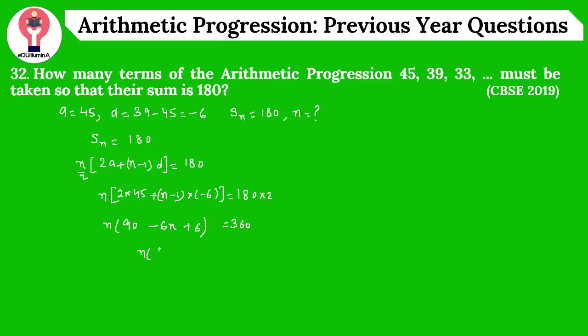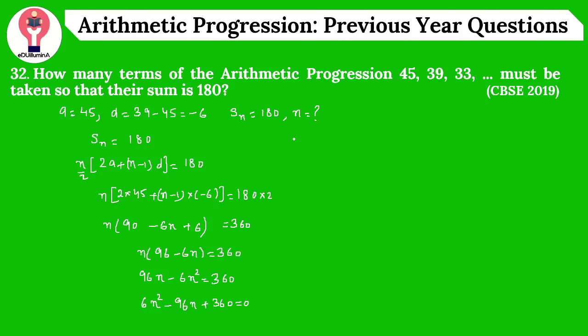So n into 96 minus 6n is equal to 360. So open the bracket, 96n minus 6n square is equal to 360. So simplifying this expression, we get 6n square minus 96n plus 360 equal to 0.